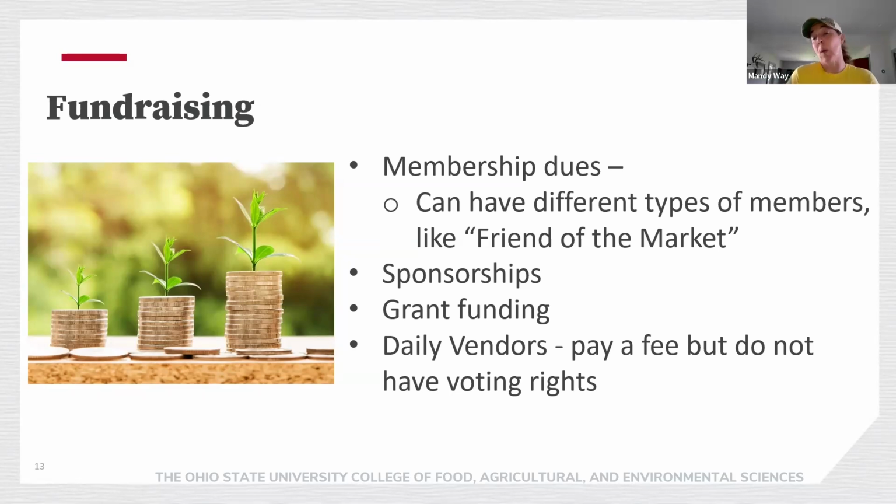And then as far as grant funding, we work closely with the city of Chillicothe, also our Ross County Health District, and our regional Adena Medical Center. Several of them have applied for grants on behalf of the farmers market and then share the monetary value in kind donations with the farmers market.